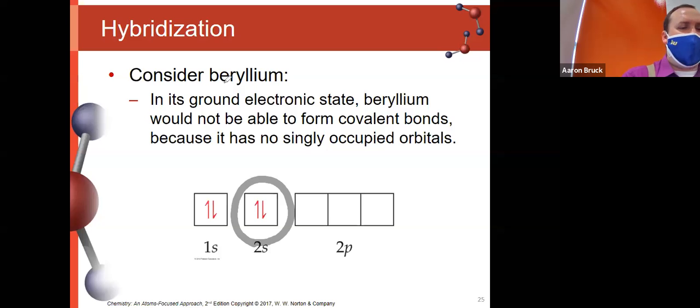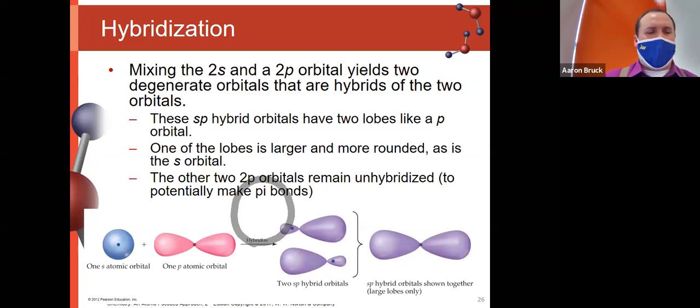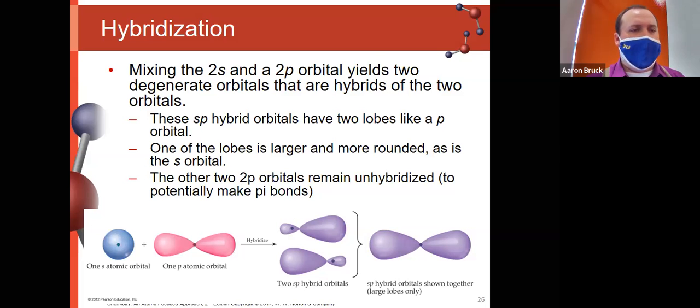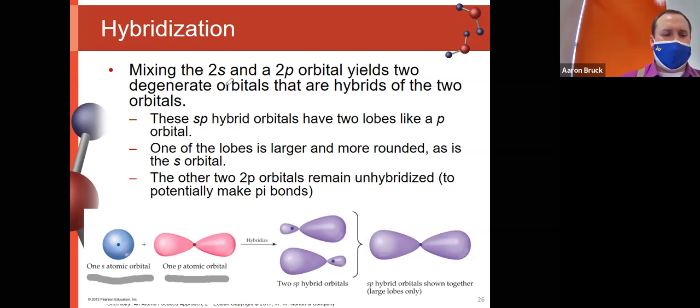Once we throw hybridization in, however, what we can see is that those 2 valence electrons, if we were able to separate them somehow, would be capable of making 2 covalent bonds. And the means by which they do it, hybridization, they take an s orbital and a p orbital. They combine them together to create 2 hybrid orbitals.